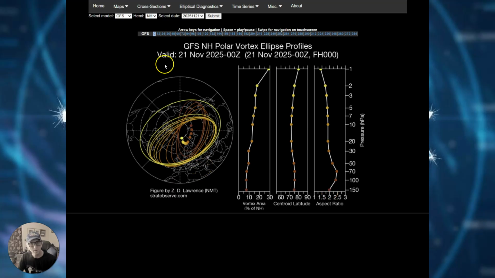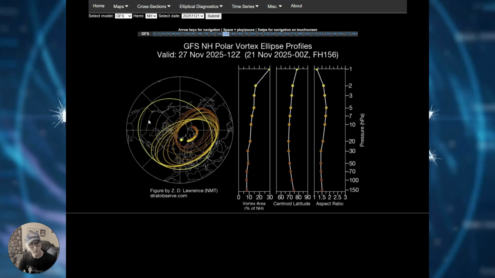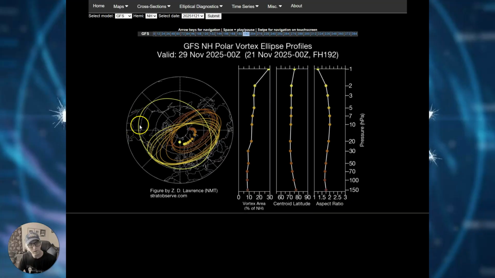atmosphere. You see how the highest levels really dip down into the continental U.S., especially along the west coast, the western part of the U.S. here. All right.